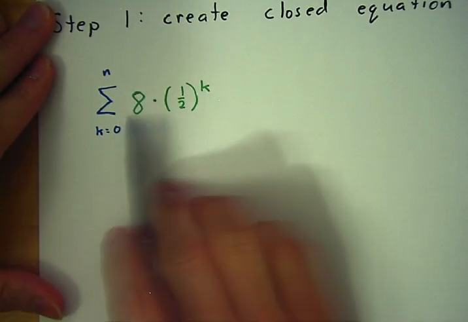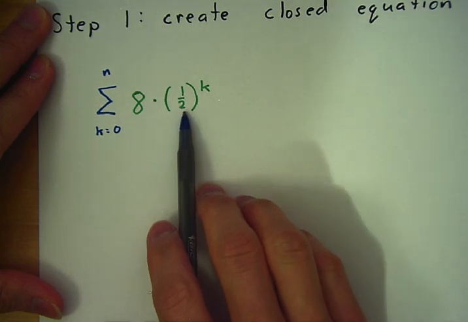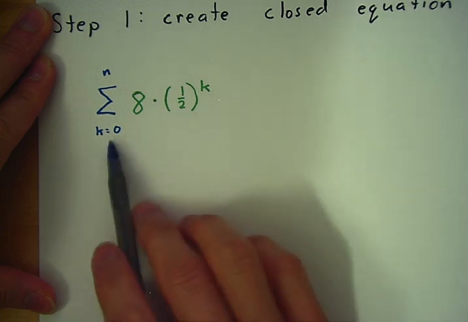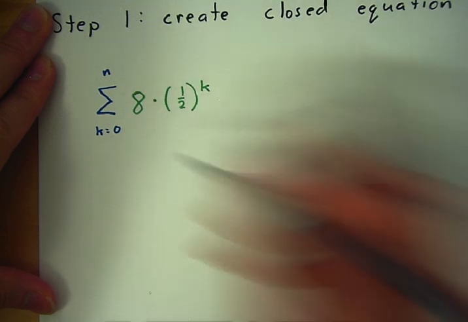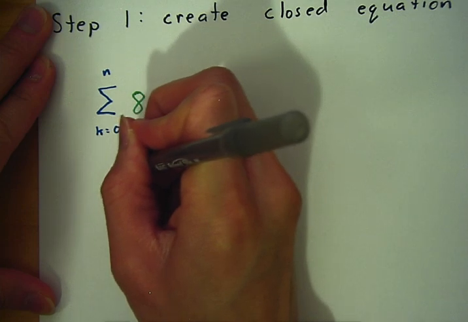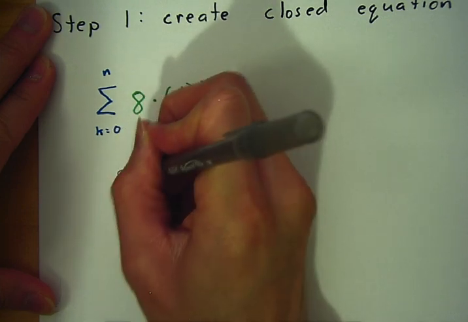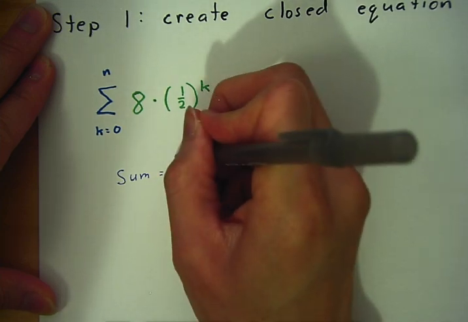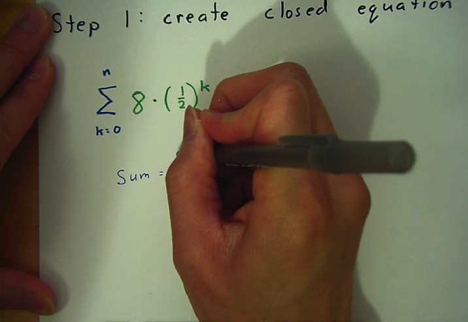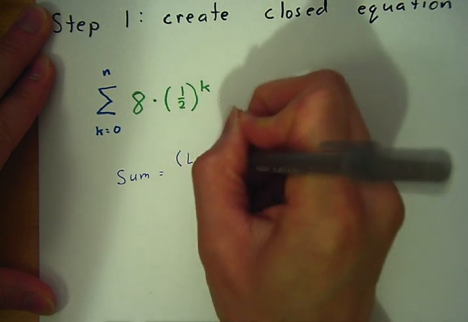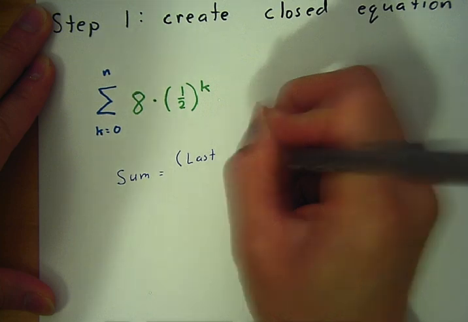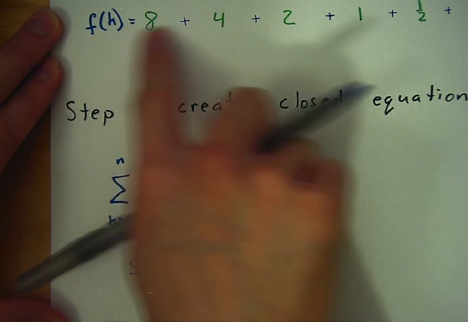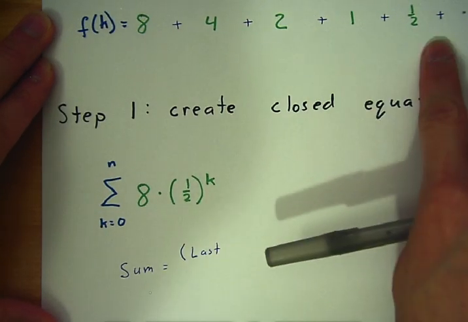Okay, so this is a geometric series. So let's use that equation for the sum of a geometric series. So I know that the sum will equal that last number in the series. And when I say last number, I'm talking about my f of k's, so the last number in this series.